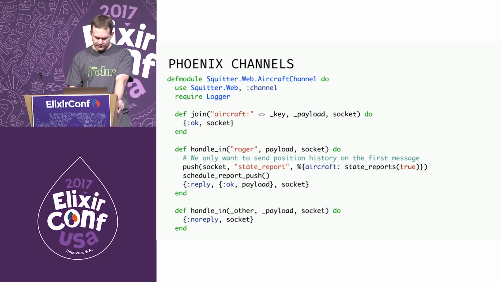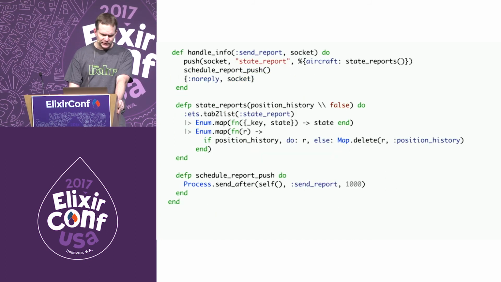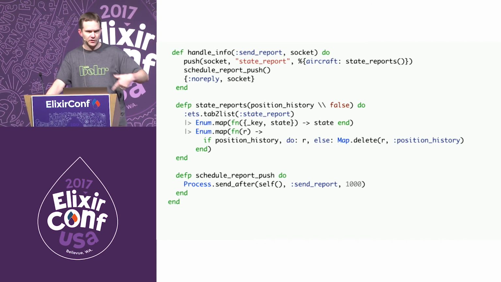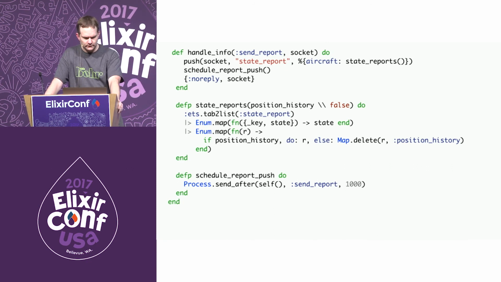It's on the next page. That sets up a timer using process.sendAfter, and every second it will send itself a send report message, which you can see the handle info for at the top. Whenever it receives that message, it asks the ETS table for its reports, and then reschedules that message. So it's sitting there on a clock cycle of 1 second, getting whatever the current state is from ETS.